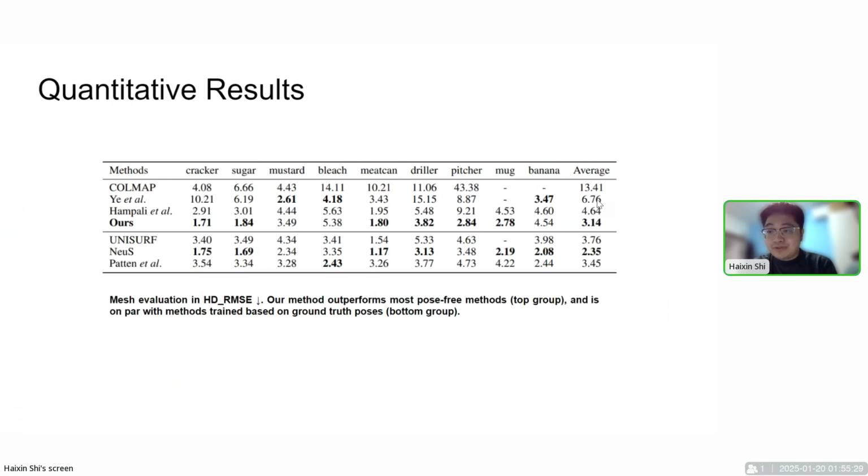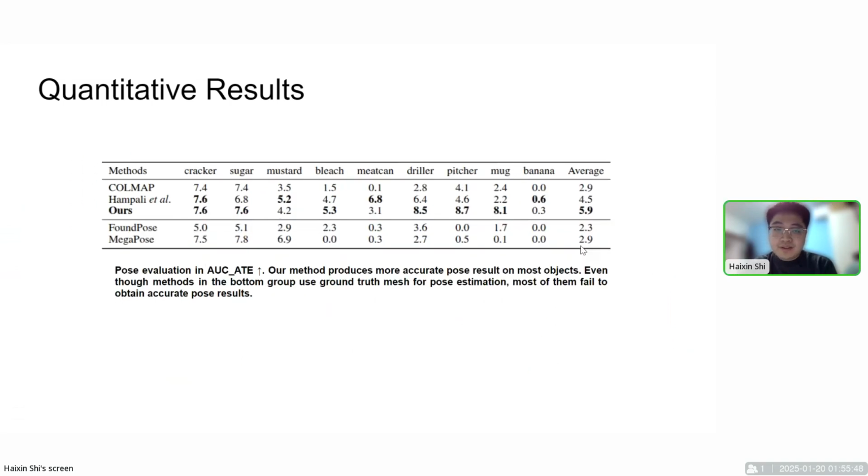The bottom group are strong baselines, since they have the GT pose to do the reconstruction. For one of them, they have the GT depth. And our method has comparable results with them. Here are the quantitative results for the pose.